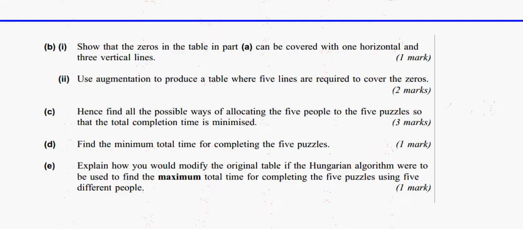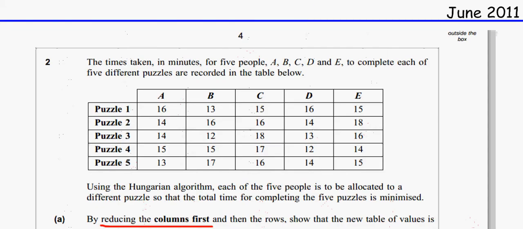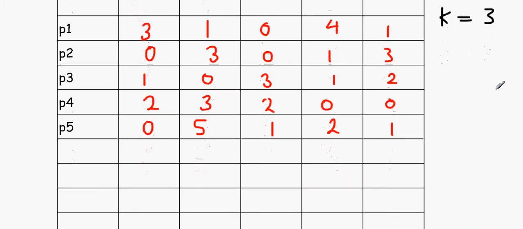The next one is, show that the zeros in the table in part A can be covered with 1 horizontal and 3 vertical lines. 1 horizontal, 3 vertical. So let's go back to, you can use whichever one you want, to be honest. I would use the one that we made, just because it's easier to follow.